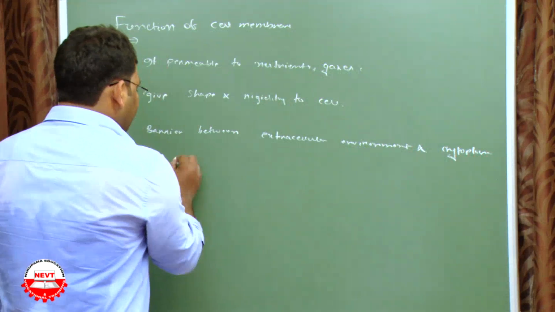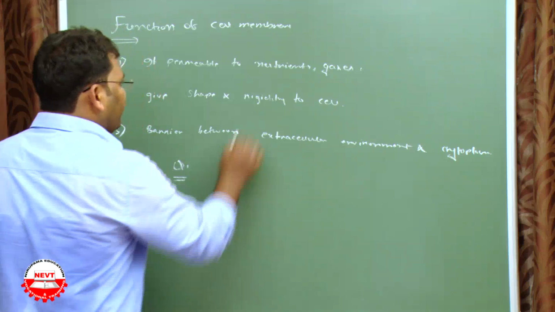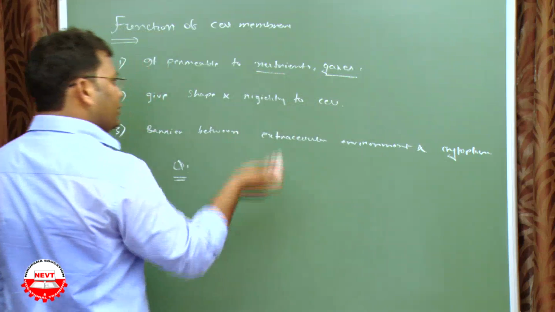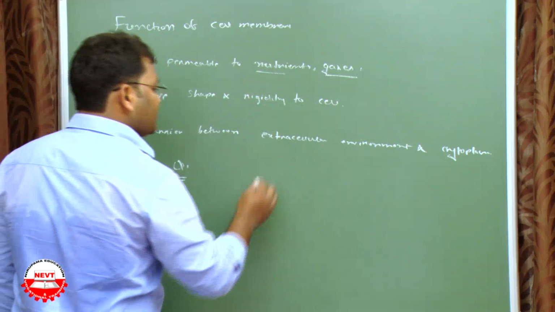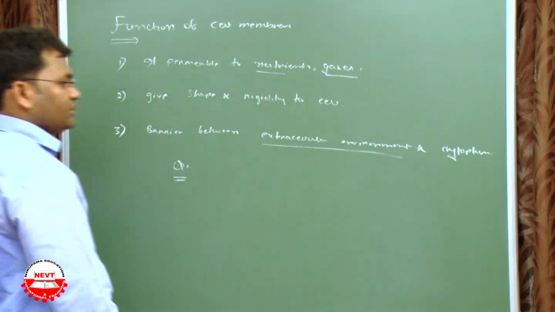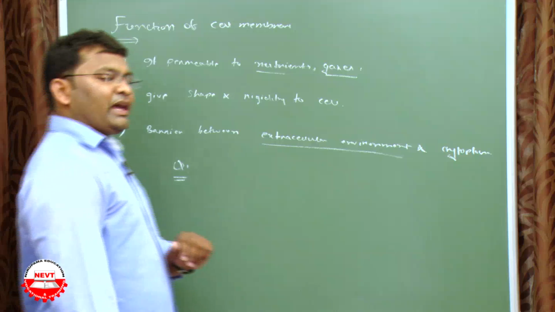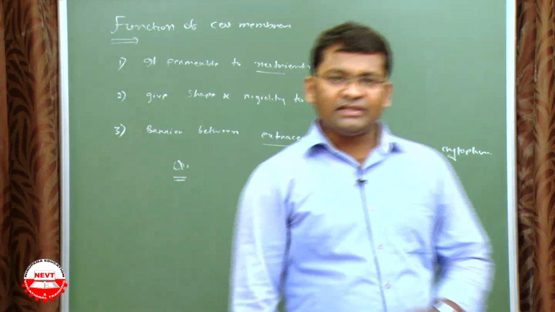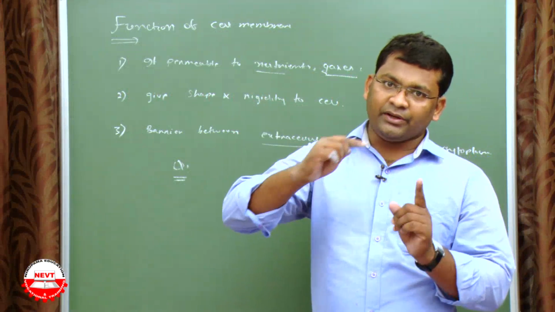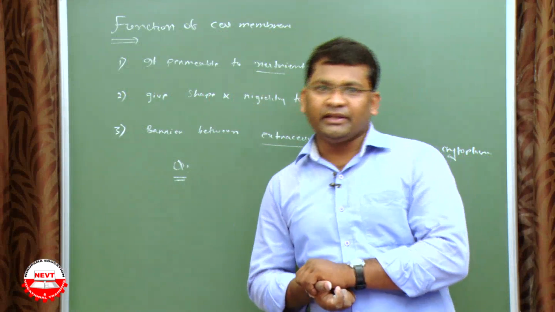So now the question arises, how do the nutrients and gases enter the cell or go from the cell to the extracellular environment? There are two mechanisms working here for the movement of nutrients and gases from extracellular to inside or inside to outside. Let's see in detail.